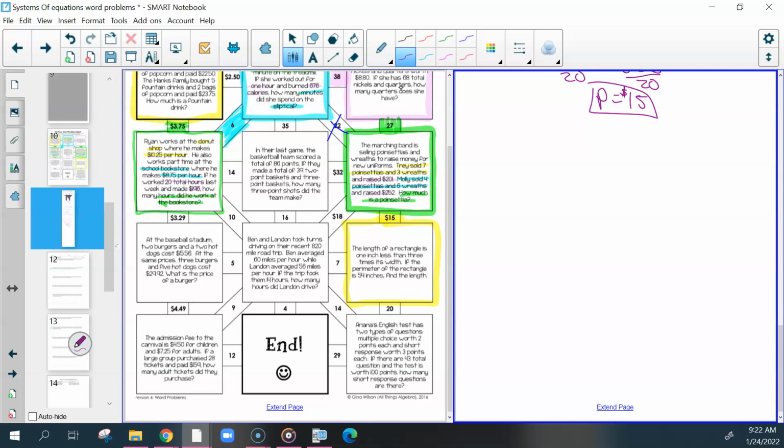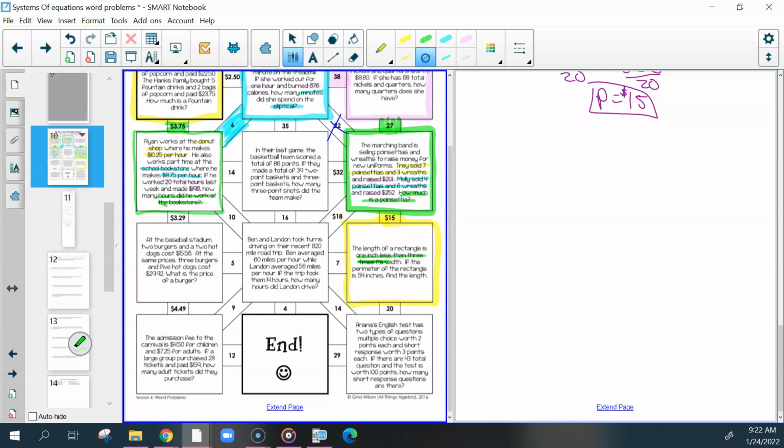What's important here? The length of the rectangle is 1 inch less than 3 times its width. And the perimeter of the rectangle is 54 inches.